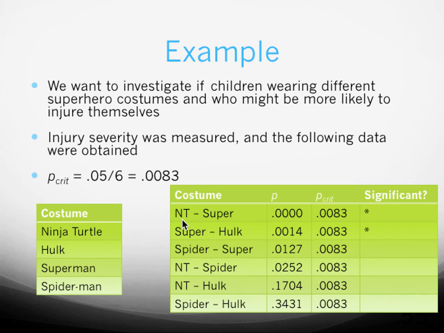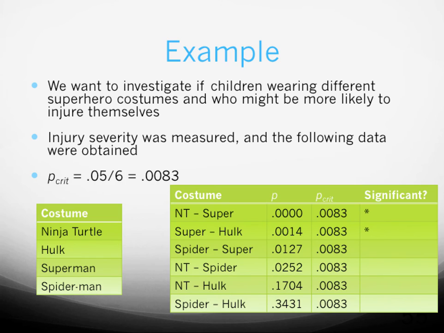So there is a difference between Ninja Turtles and Superman, or Superman and Hulk, but 2 of the values that we would have originally thought to be significant, because they're less than 0.05, are no longer significant because they're not below 0.0083.